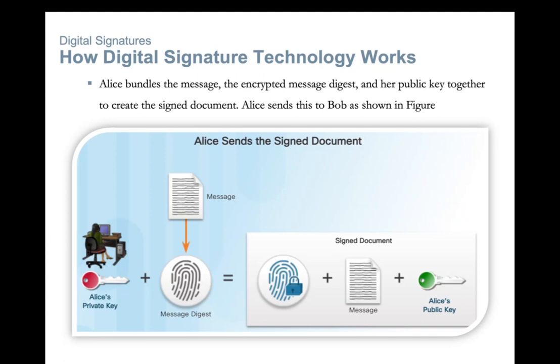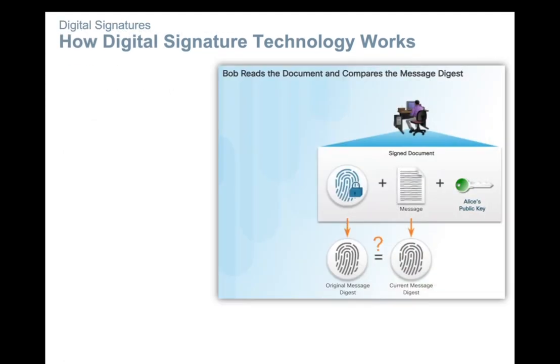So what happens on the receiver side, on Bob's side? Bob receives the message and reads it.